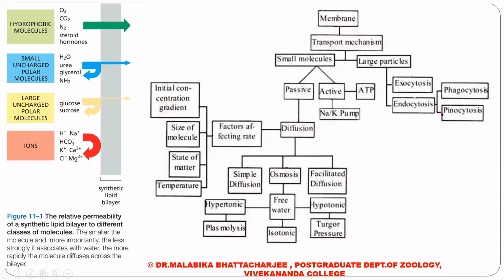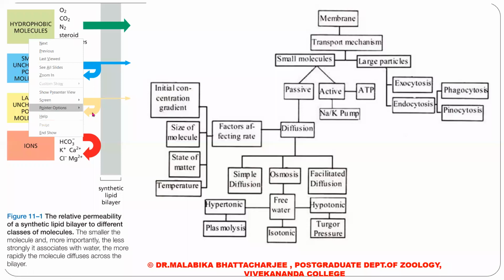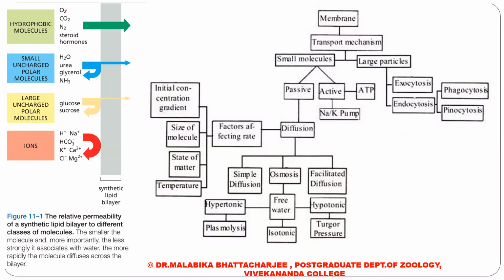Now, let's look into this picture. The left one is giving us a very schematic representation of the different categories of biomolecules present in nature. If you look, we have the hydrophobic molecules, which include oxygen, carbon dioxide, the gases, nitrogen, and the steroid hormones.